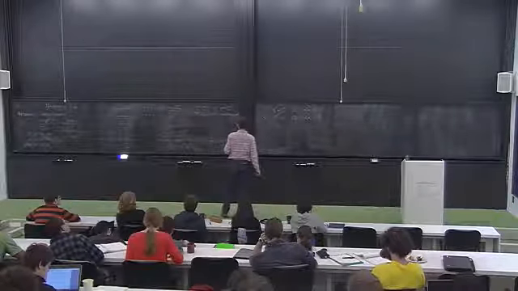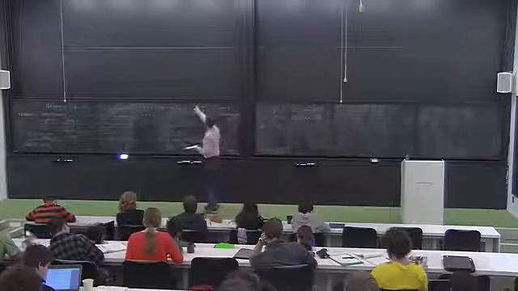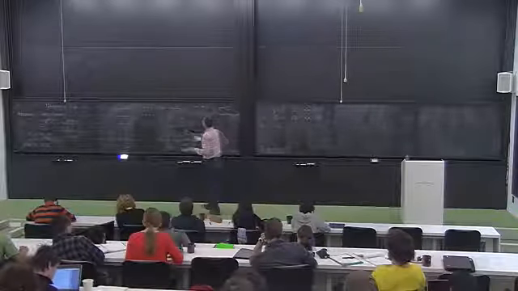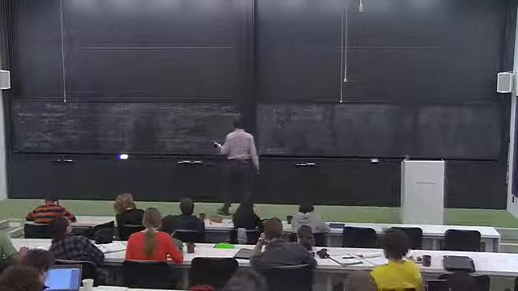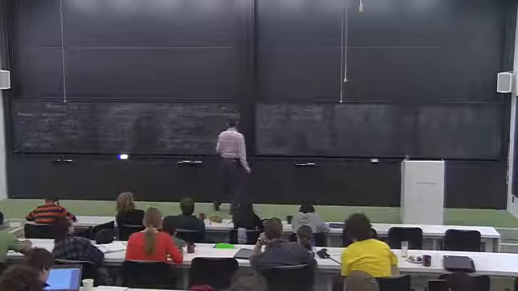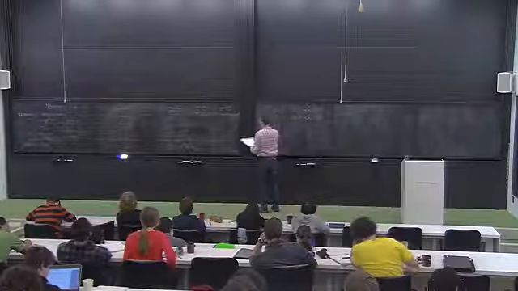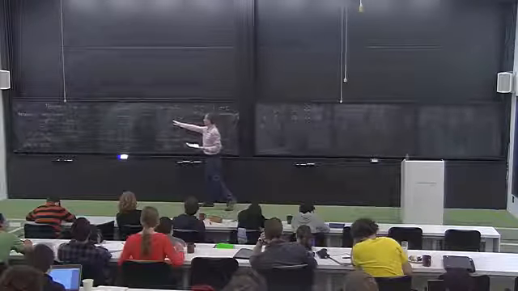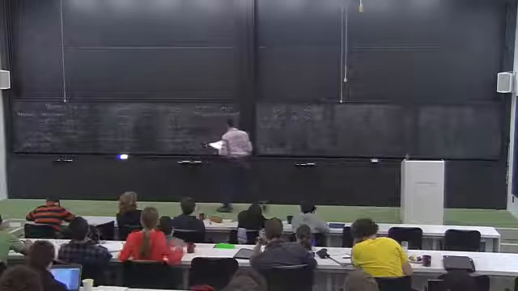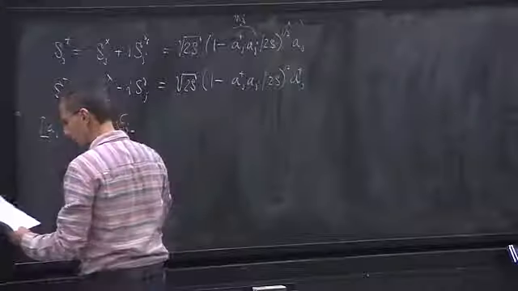And one can get it either from here or from there. It's actually easier to get it from this expression. So let me just write this expression as follows. I express Sz.